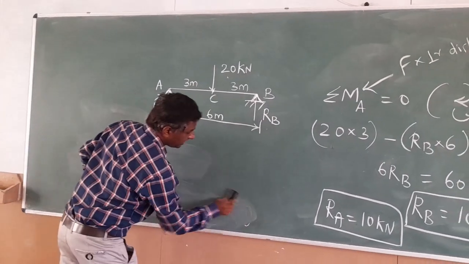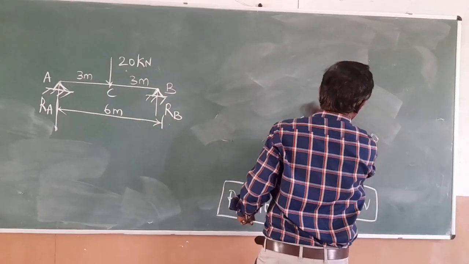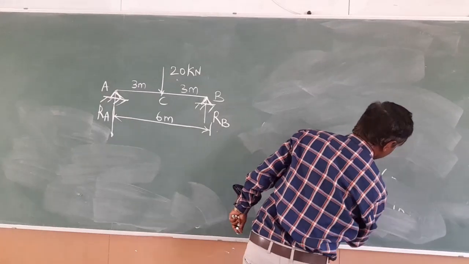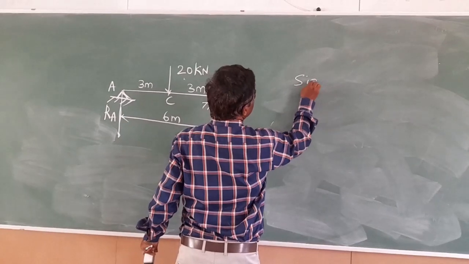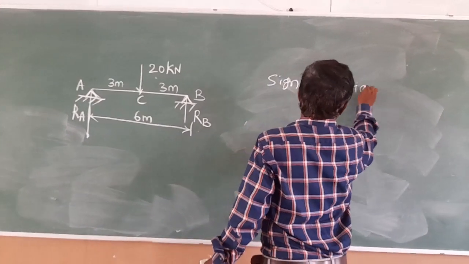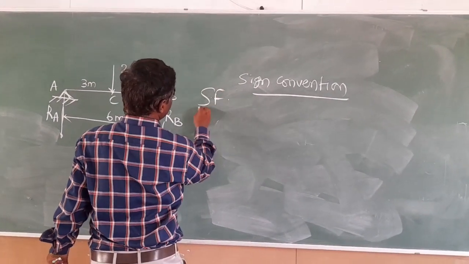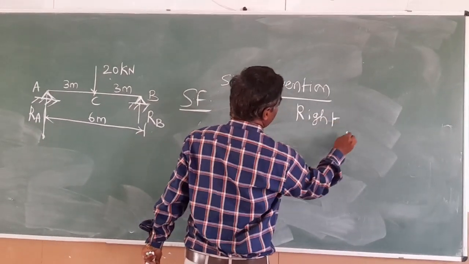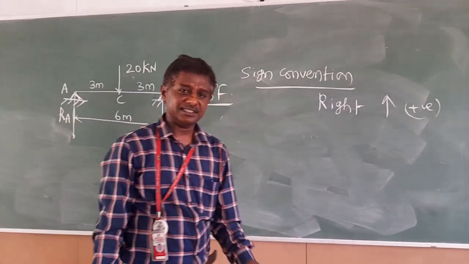So how do we find the shear force values? That is very important. The sign conventions were already discussed earlier. Now the sign convention for shear force: right up is positive, and the remaining is negative.